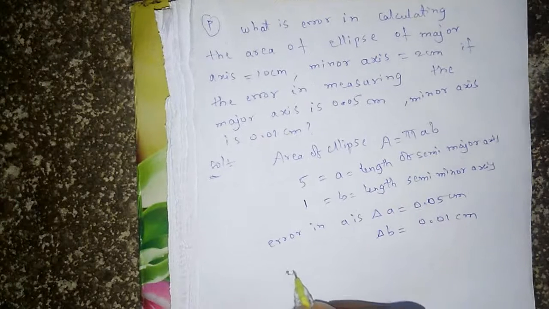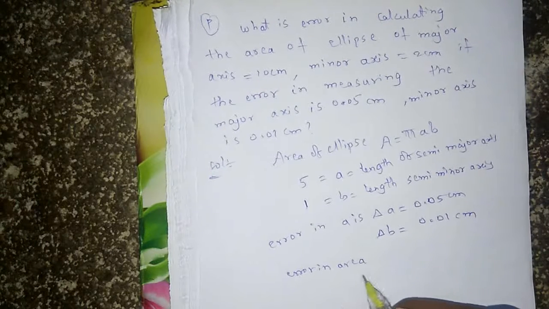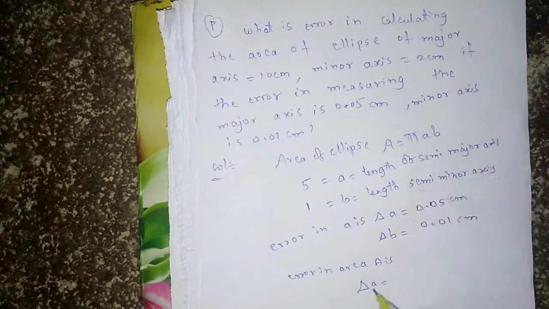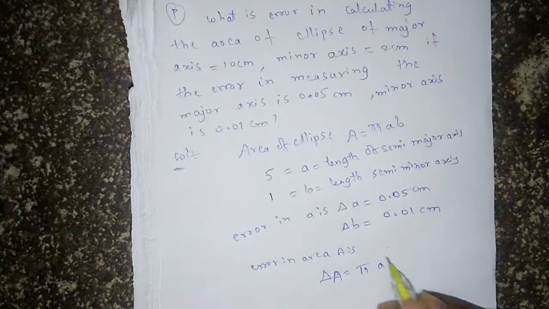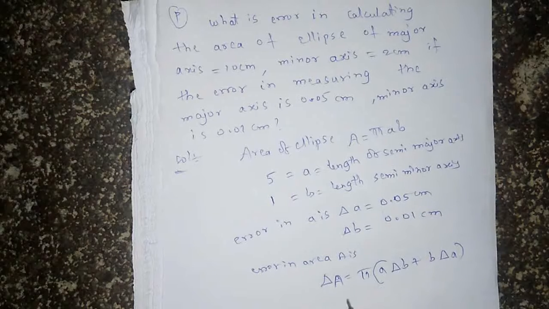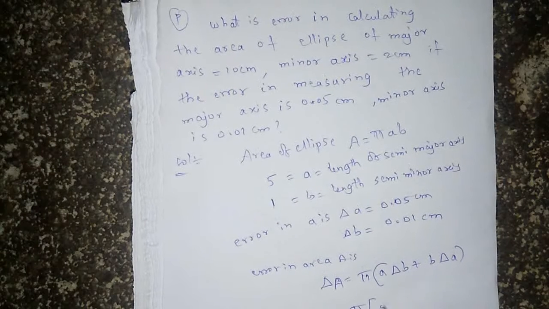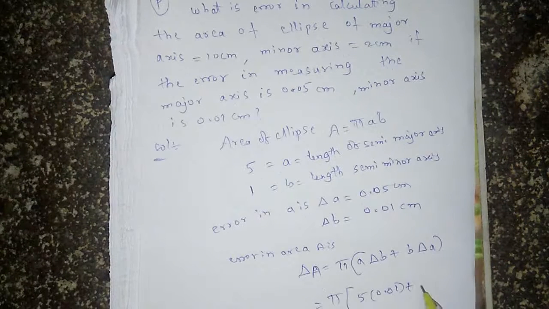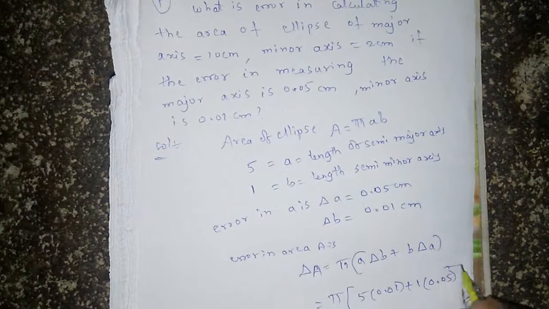Now error in area is equal to delta A is equal to, this is pi into ab, here apply product rule, pi into a into delta b plus b into delta a. Now substitute the values. Pi into a is 5 into delta b is 0.01 plus b is 1 into delta a is 0.05.